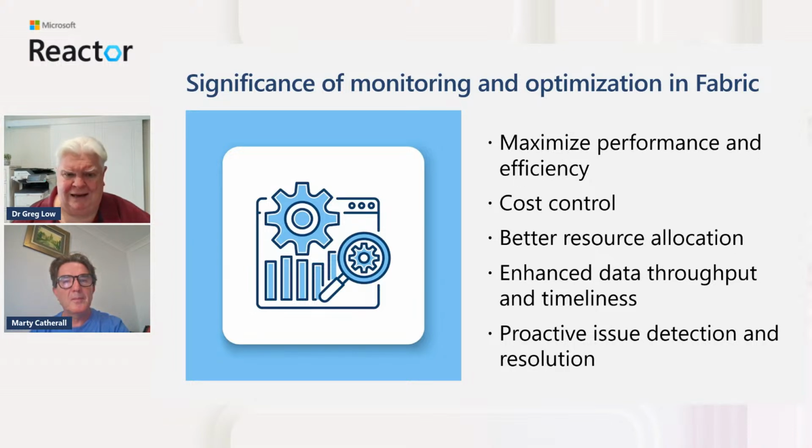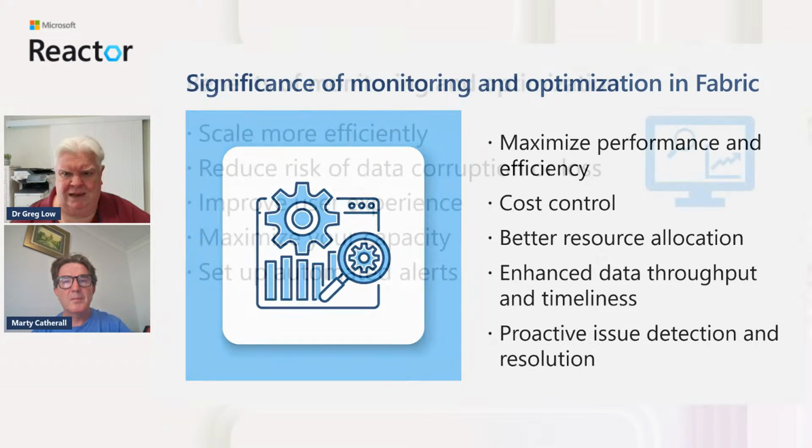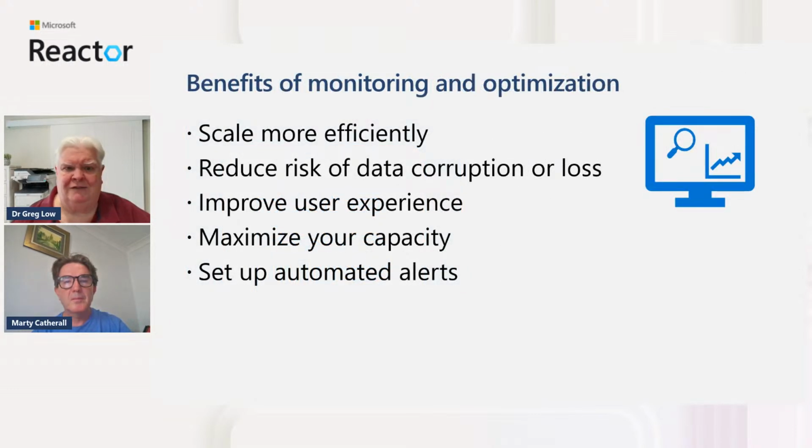So you want to allocate resources well. You want to make sure that the data that you're processing is getting through the system effectively in a timely way. And you want to know if things are going wrong and, of course, how to resolve them. And so if you look at the benefits of doing the monitoring and optimization, it lets you scale for a start.